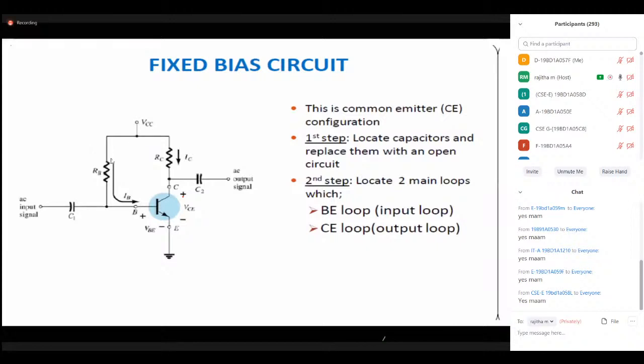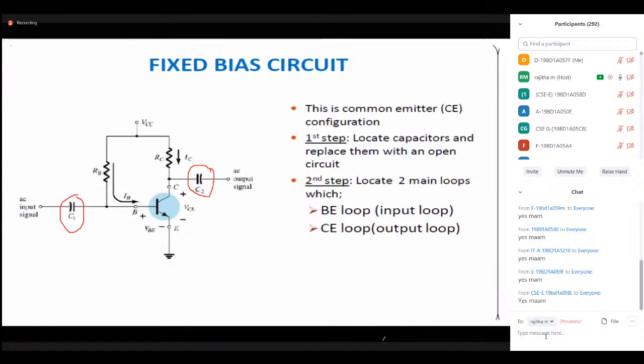In order to analyze this, we also connected some extra components. What are those? In order to act like an amplifier, we have to connect coupling capacitors, C1 and C2. These coupling capacitors are added in order to apply the AC input signal to the base.